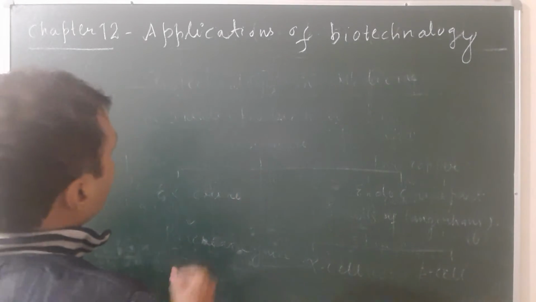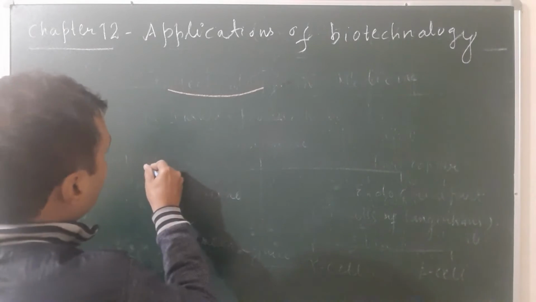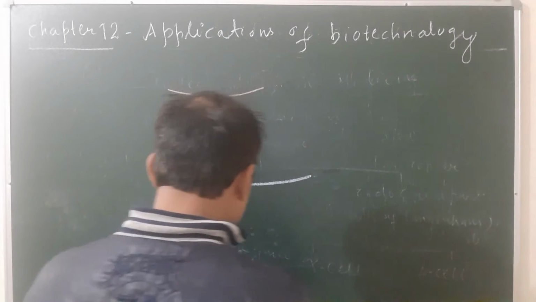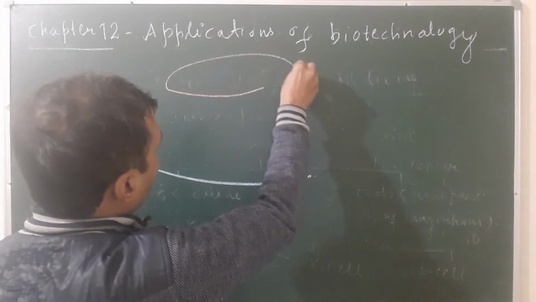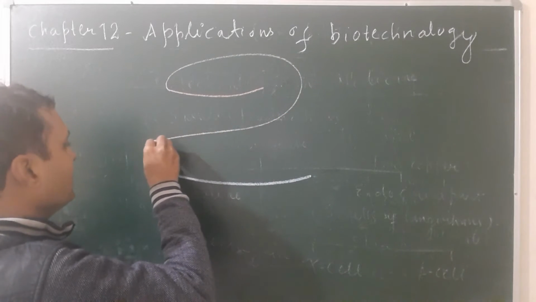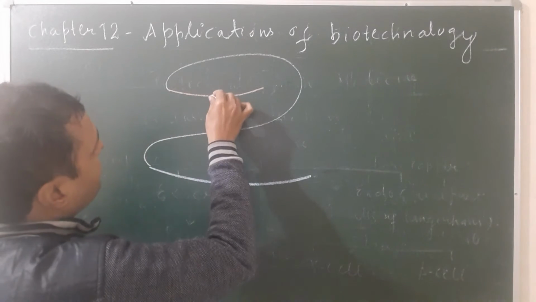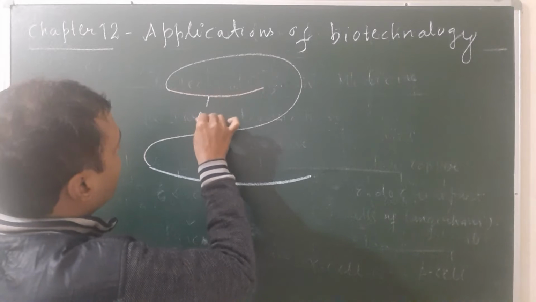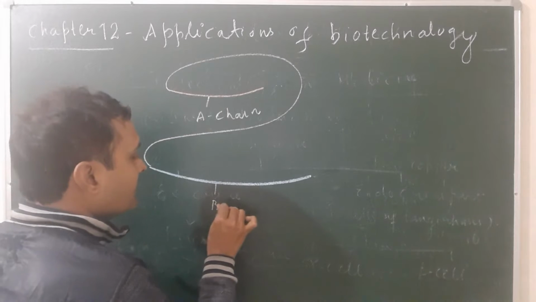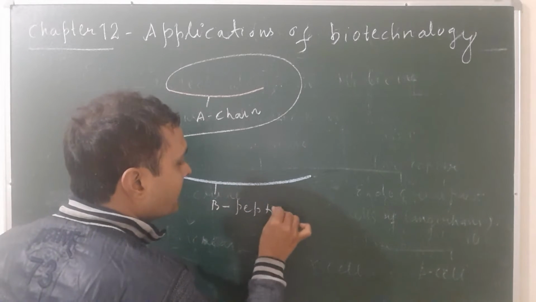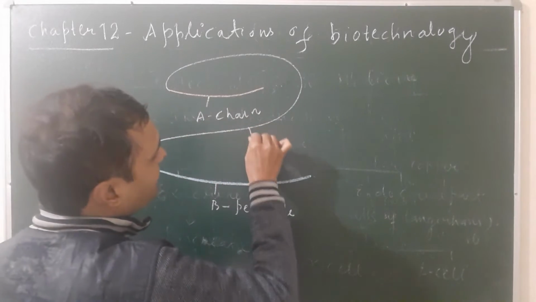The first is called the A chain, the second is called the B chain, and these A and B chains are connected by the third type of peptide, called the C peptide. The total number of peptides is three.